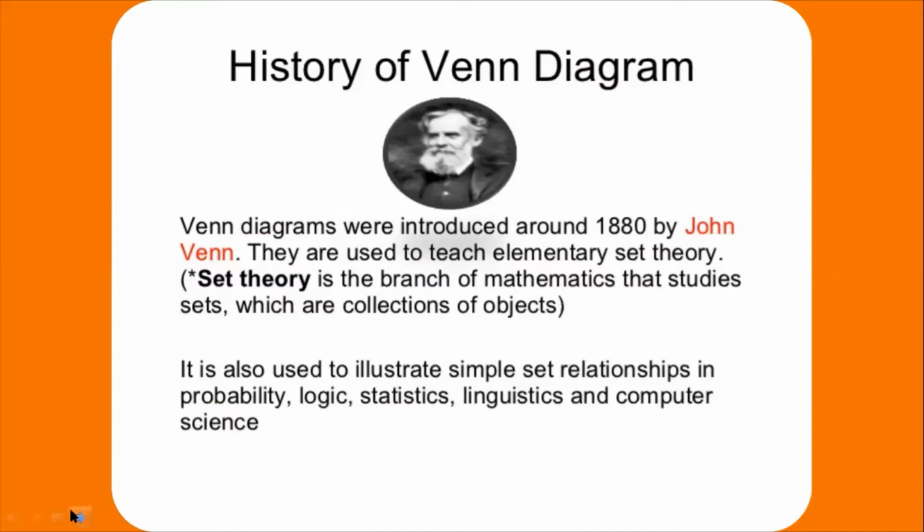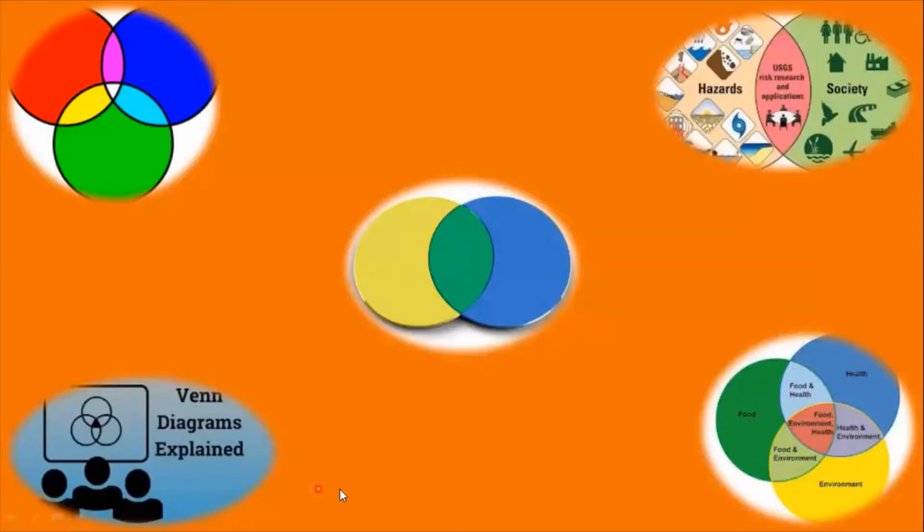Now let's see what is next. Here you can see the different types of diagrams. All these are different things correlating in different ways. From here we can say that these types of relations, their linkages and correlations, can be beautifully visualized in the form of these circles, these diagrams.